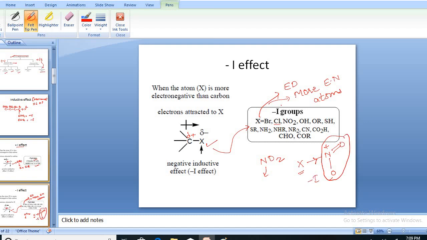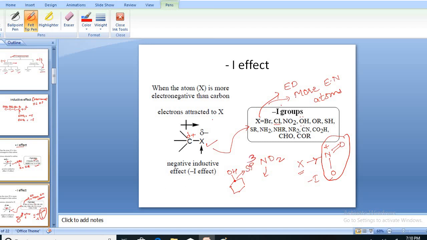You have OH, you have OR. Now OH, if you could see, has lone pairs as well. The lone pair could be easily donated, but it's very important to understand what type of atom is attached to the ring. For example, if you have OH attached to something like a cyclic system, in this case O is going to pull the electron from carbon because carbon has sp3 hybridization here.